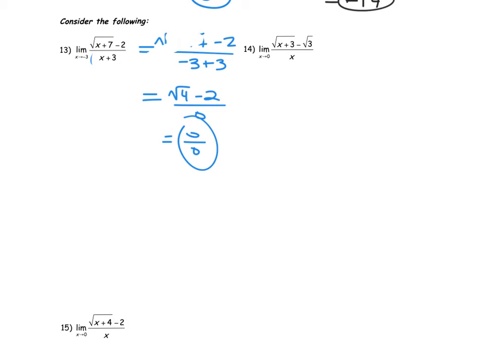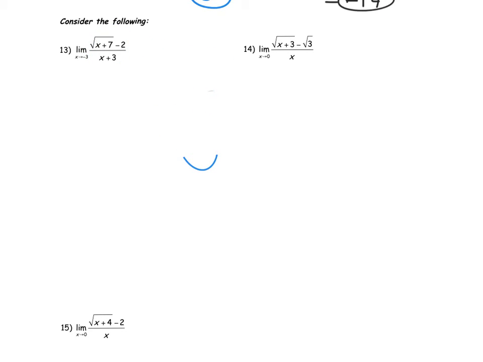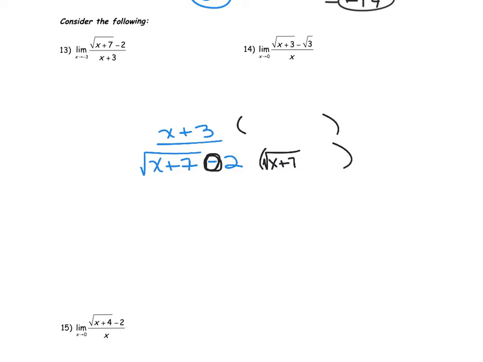Do you guys remember earlier in the year when we had questions like this? I'm going to write it actually as the reverse because this is more so what you were used to seeing. And I said rationalize the denominator. We would multiply the top and the bottom by the conjugate where we just change the middle sign. So I would change this from the square root of x plus 7 plus 2, and I would do that on top and bottom.